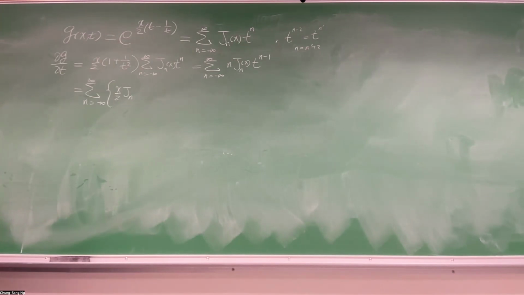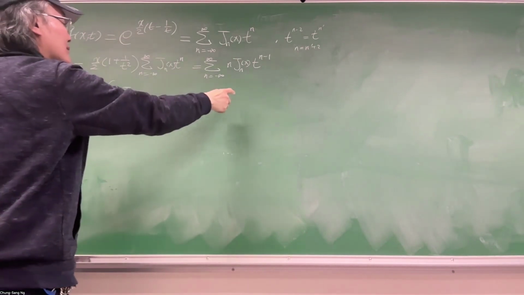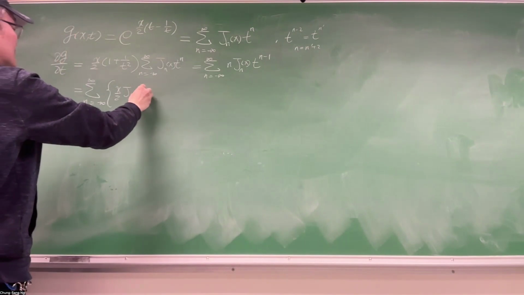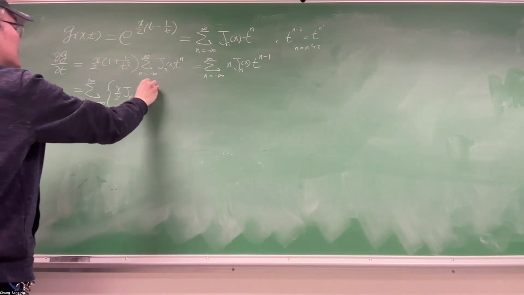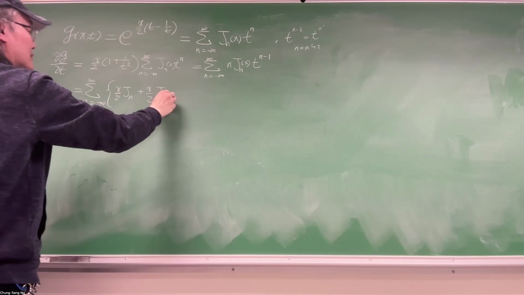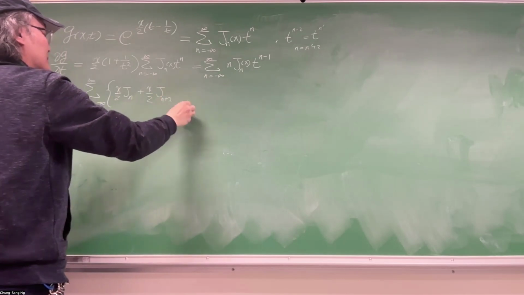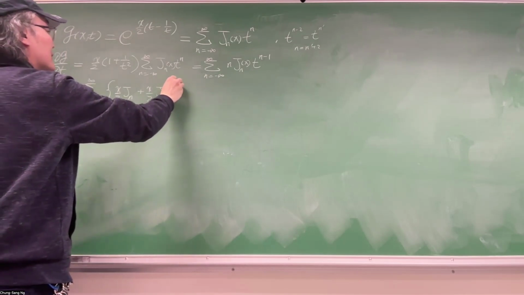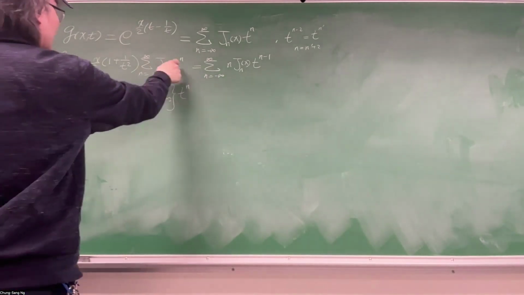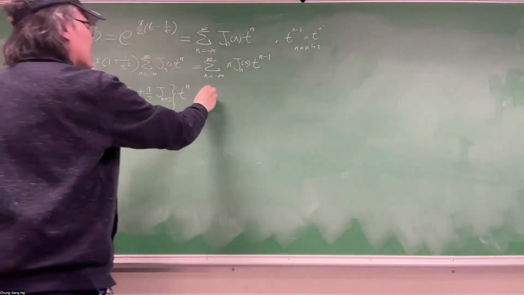So wherever you see n it becomes n prime plus 2, and now you can change back to n, so n plus 2. Then everything is t to the n now. And likewise, you can do that.